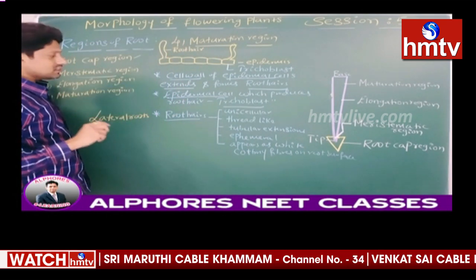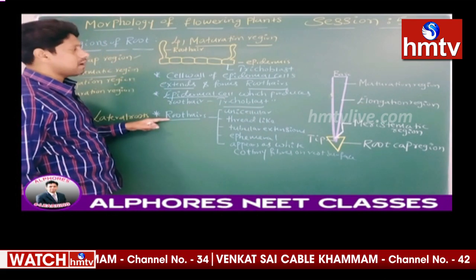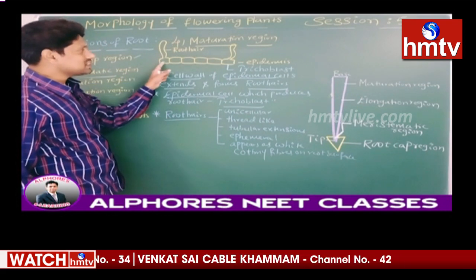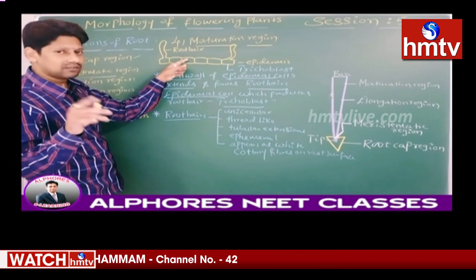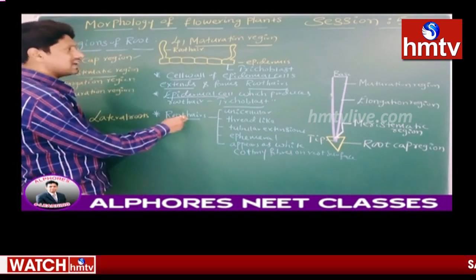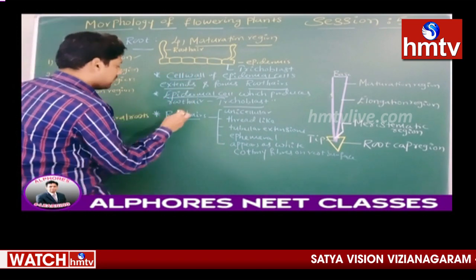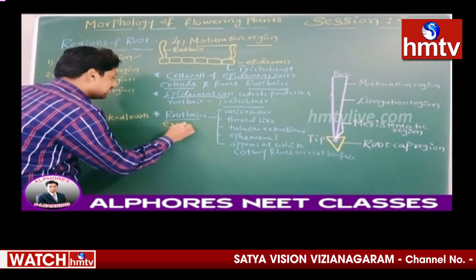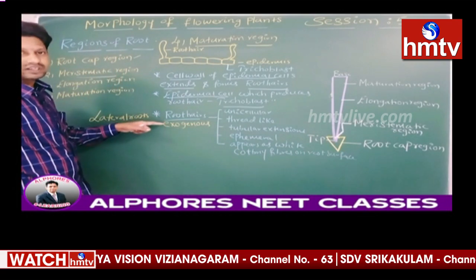In the maturation region, from where are these root hairs formed? Epidermis. Epidermis is the outermost layer of the root. Therefore, root hairs are formed from the epidermis, the outermost layer of the root, so root hairs are exogenous in origin.